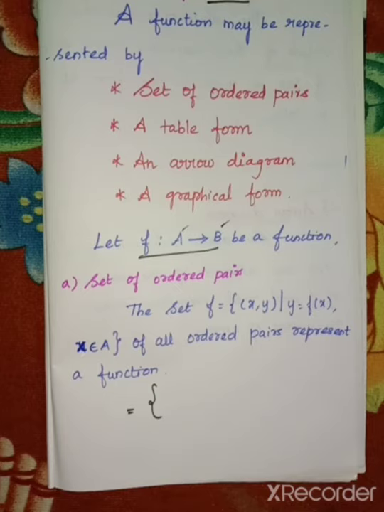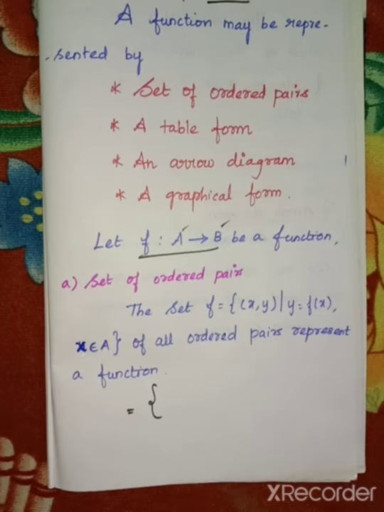When they give x plus 3, we want to find f of x. In place of x you have to substitute the values they give. So if x equal to 1, 2, 3 like that is given, we have to add. Likewise the operation is there: addition, subtraction, multiplication, division, like that they give in f of x.